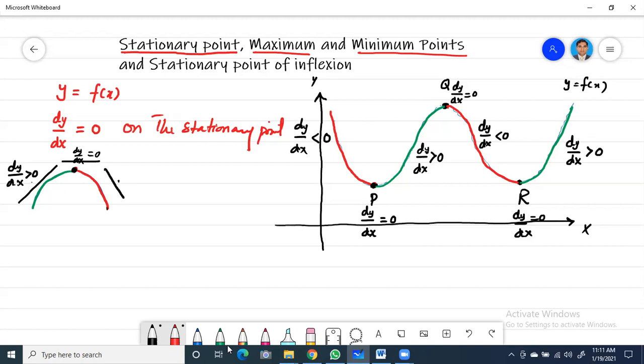Then after the turning point, dy by dx, meaning the gradient, is less than 0, negative. If the gradient to the left of the turning point is positive and to the right of the turning point is negative, then the turning point will be a maximum point.